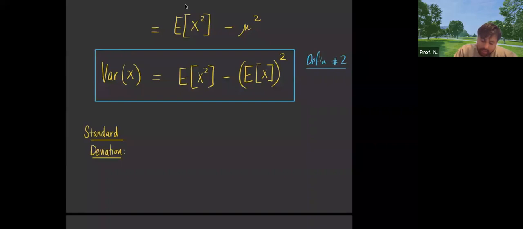Standard deviation also is denoted by a Greek letter called sigma, but it's the lowercase one. So this represents standard deviation, and it's simply the square root of variance.